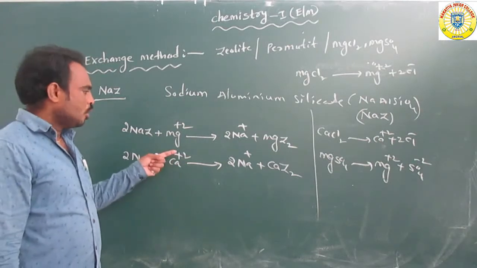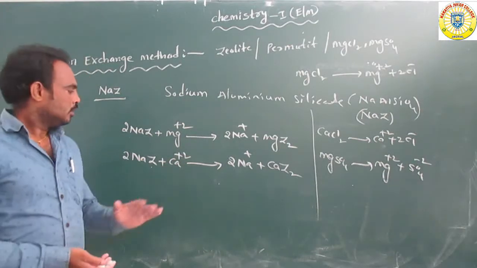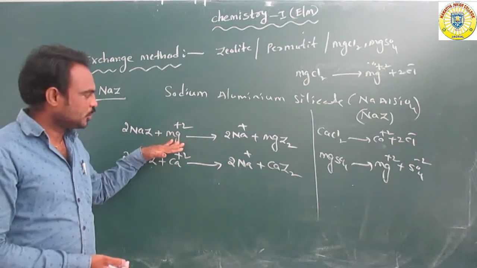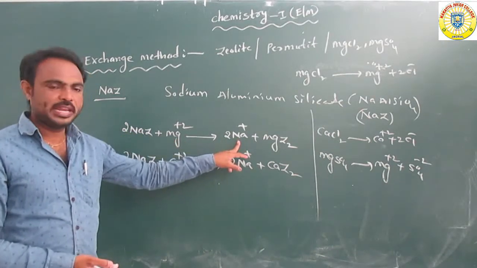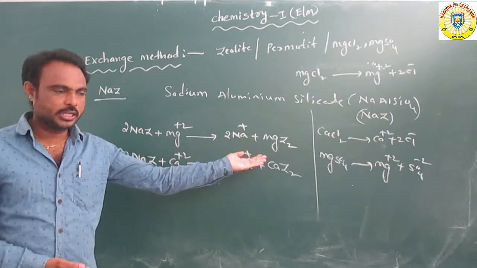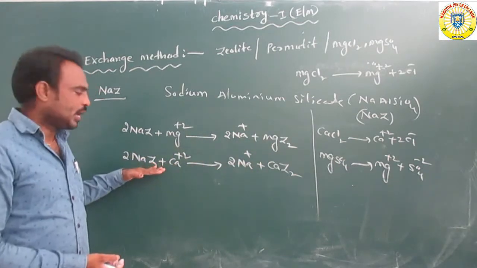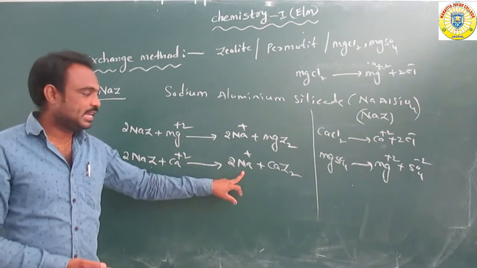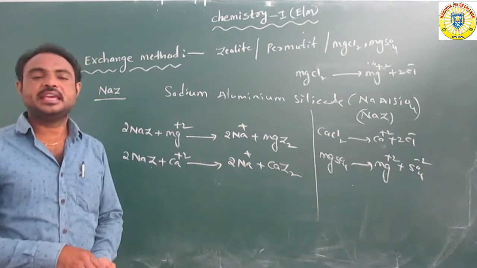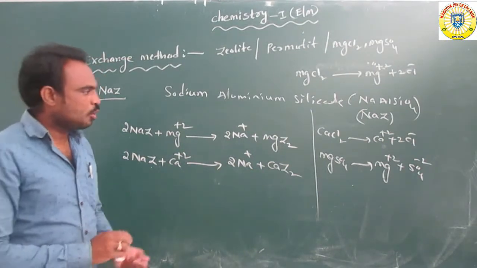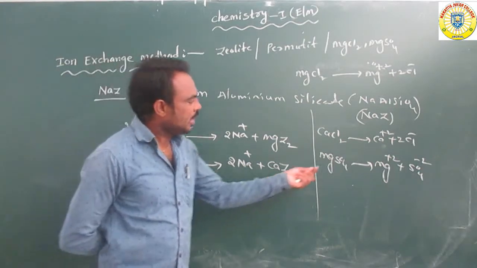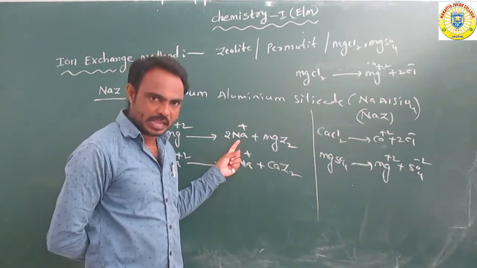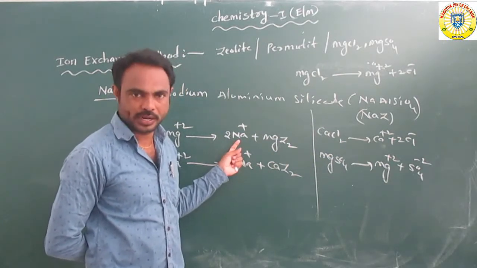Overall, sodium permutit reacts with Mg plus 2 ion to form 2Na plus and MgZ2. Or 2NaZ reacts with Ca plus 2 to give 2Na plus and CaZ2. The remaining 2Cl minus reacts with 2Na plus to form sodium chloride.